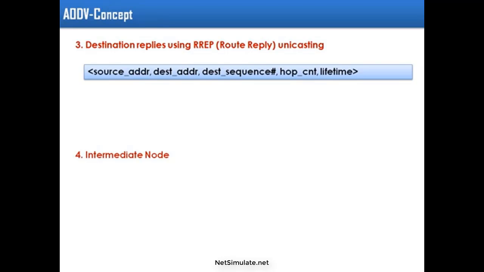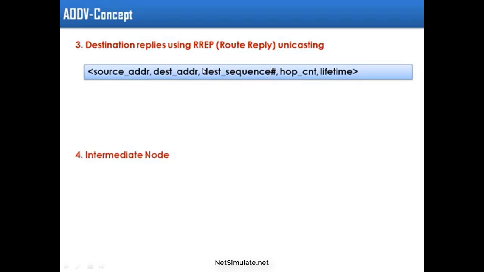When the destination receives the route request, it checks the destination address and finds that this route discovery process is for itself. In that case the destination replies using a route reply packet. The format is source address, destination sequence number.